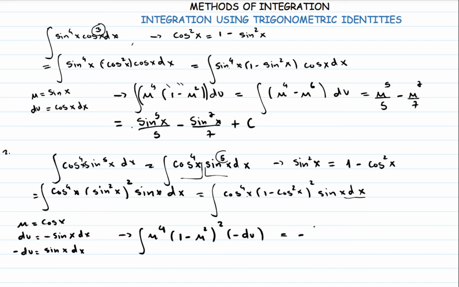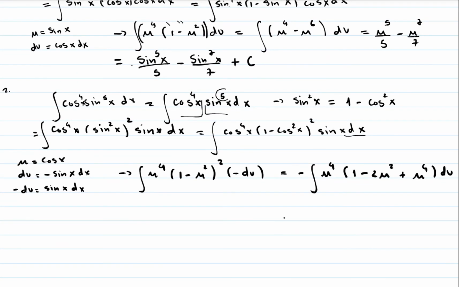We're going to have minus, u raised to 4, then 1 minus u square, all squared. Then we have to expand this. If we expand it, this becomes 1, this becomes minus 2u square, plus u to the 4, du. Fine. This is the expression we get here in terms of u.